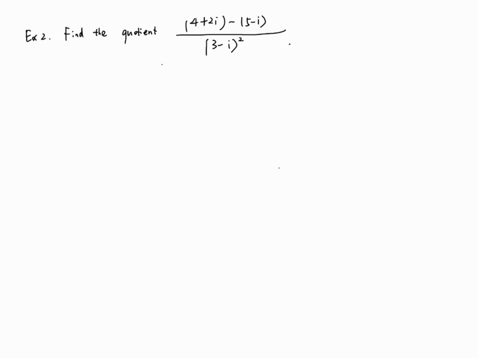It's the quotient of two complex numbers. Just write it as a plus bi, in this form, where a and b are both real numbers. Okay.